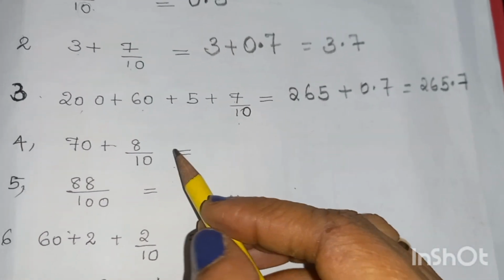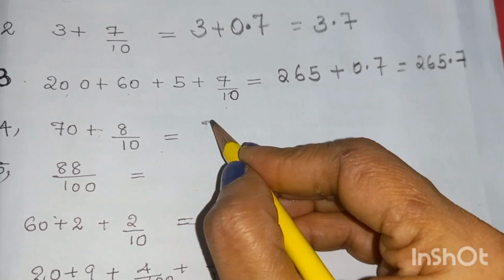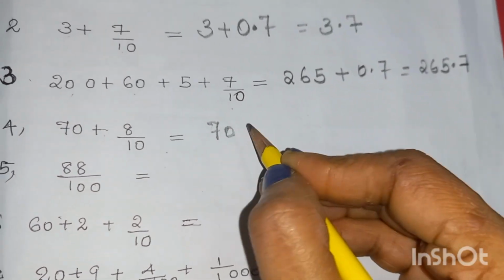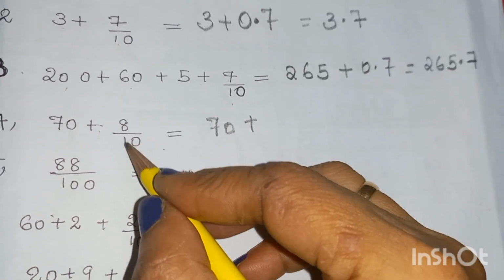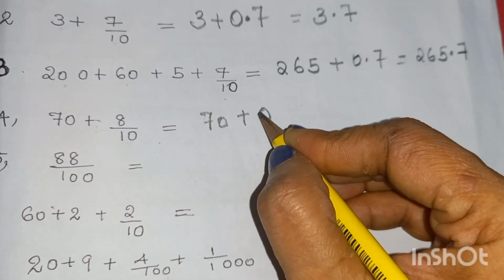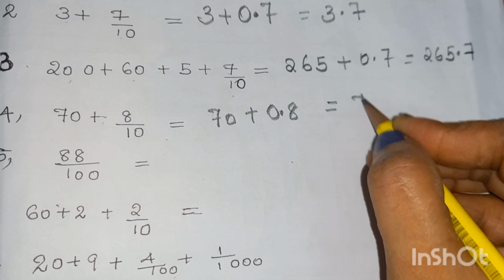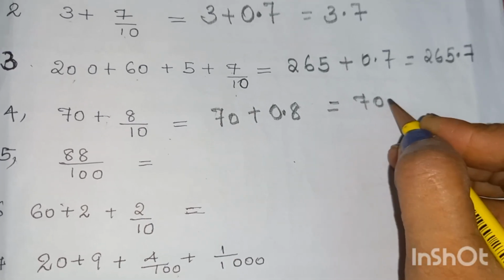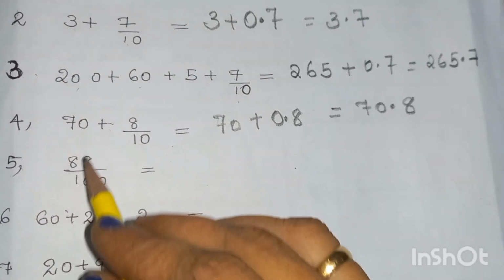The next one, 70 plus 8 by 10. How can we write this one? See denominator, how many zeros? Only one zero, so only one decimal we can see. So 0.8, which is equal to 70.8. Okay, 88 by 100.